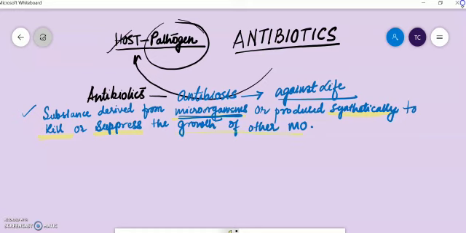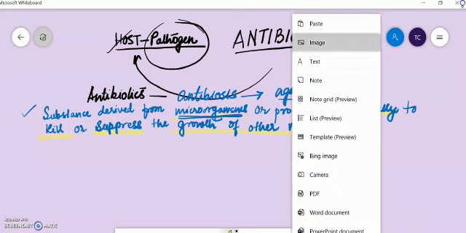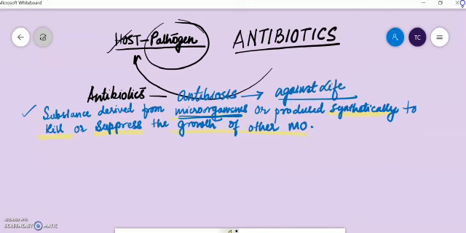So this is basically what is called antibiotics. When we are talking about antibiotics in detail, we should know the history of antibiotics, and that is very, very important. So I will discuss next the history of antibiotics.